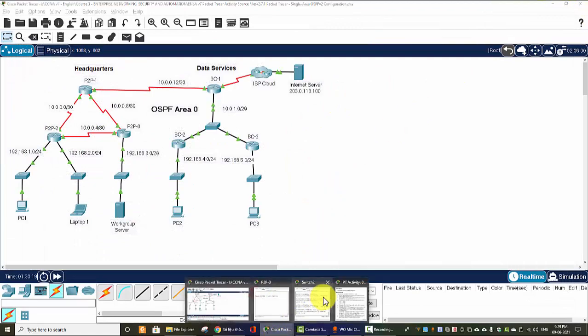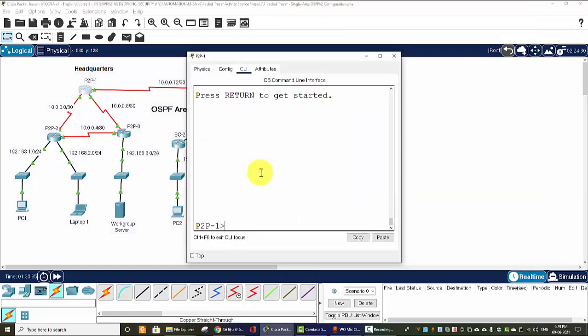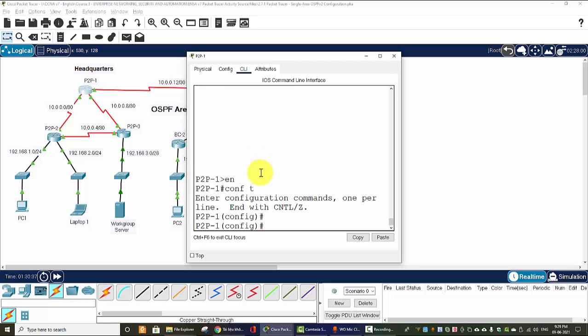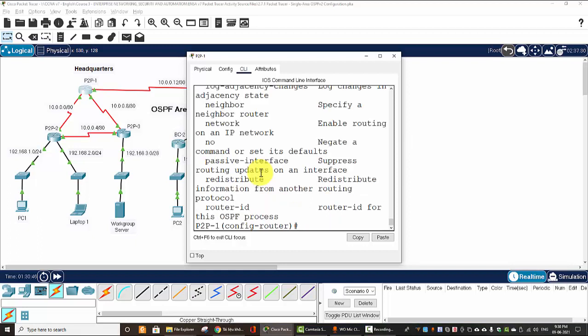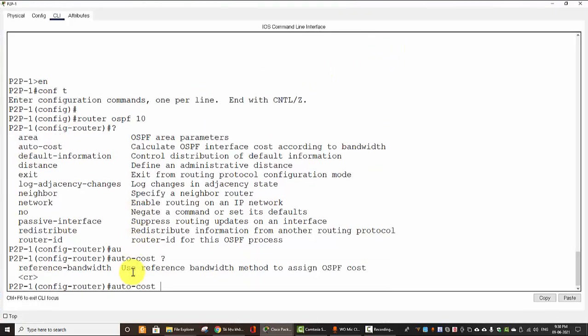Okay. So next we will configure the OSPF cost value on the P2P1 interface serial 0/1/1 to 50. Then I will enter config, router OSPF 10, and auto-cost, no. Also let me check.